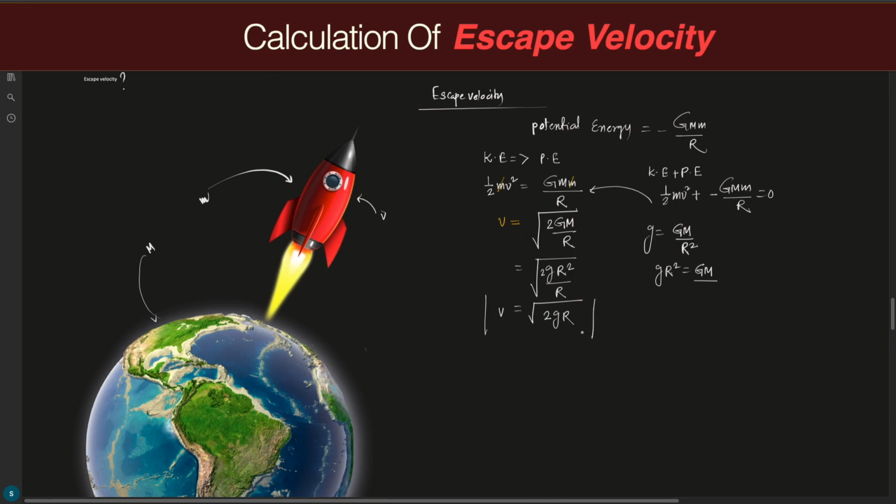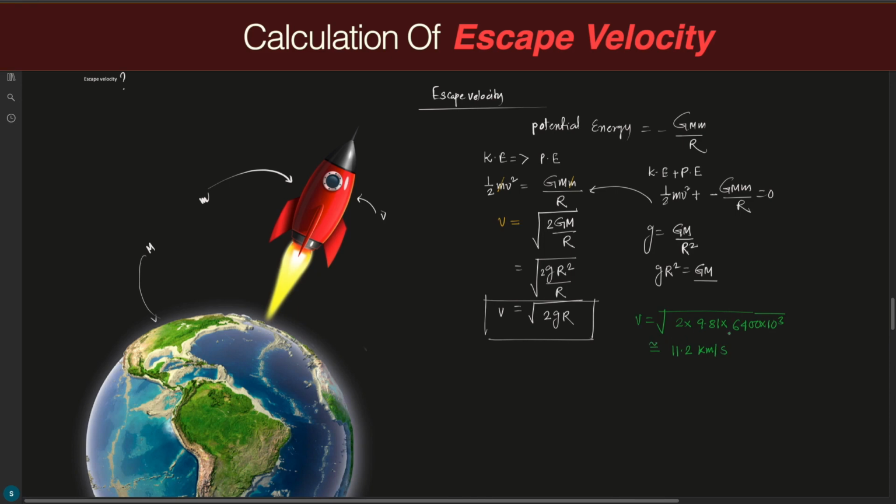Everything is inside the square root. If you now calculate with the value of g for the earth, you'll see that v is equal to the root of 2 into 9.81 into 6400 into 10 to the power 3. If we simplify this equation, it becomes 11.2 kilometer per second.